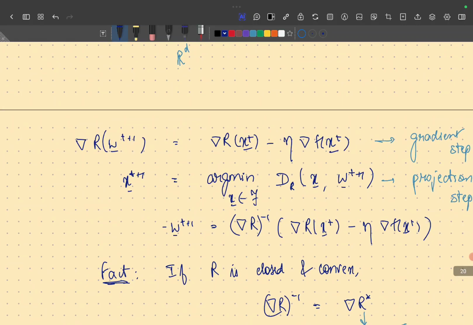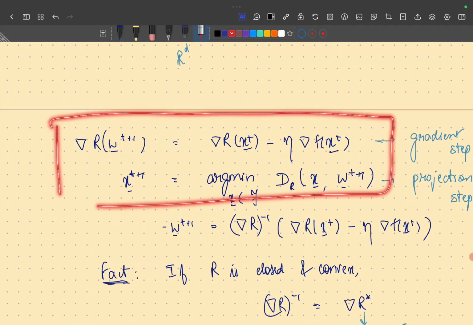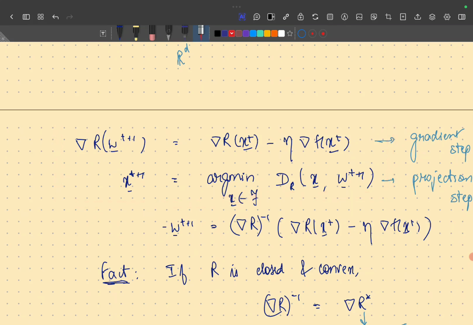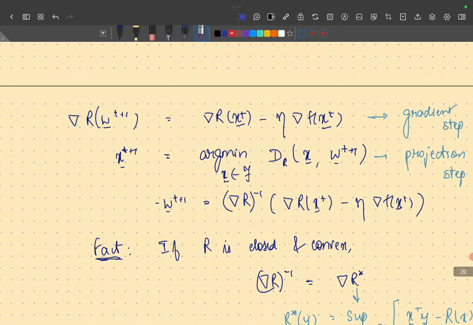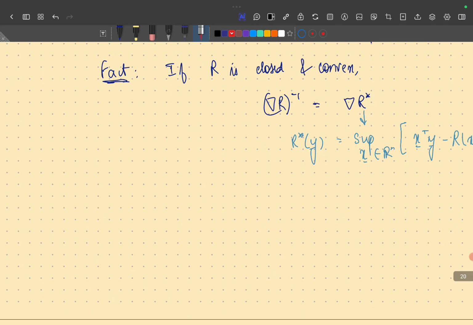Recall that there are two basic steps that I want to do in each case, but I'll split them into some more steps. All right, so this is what I have.